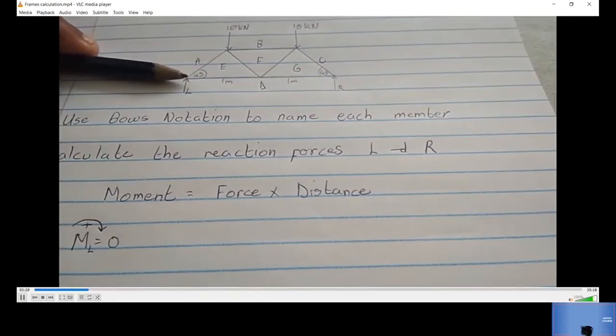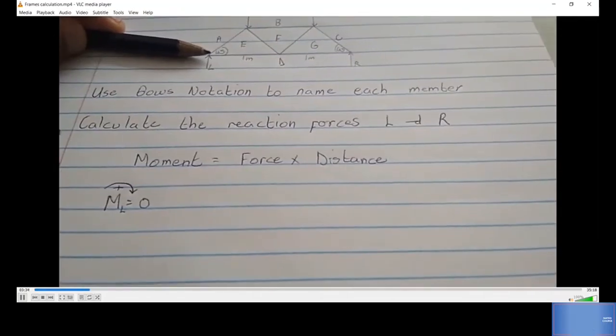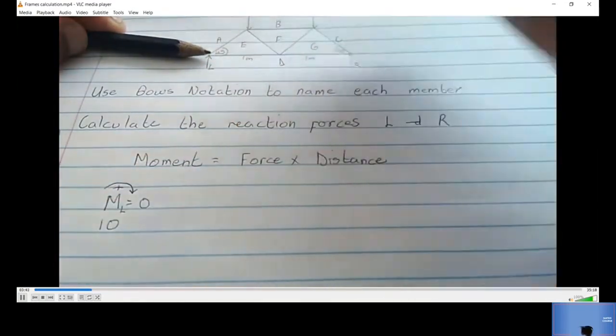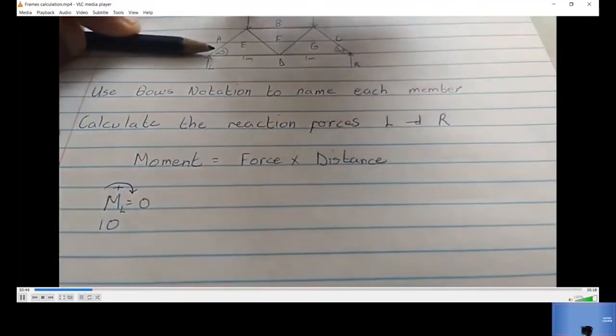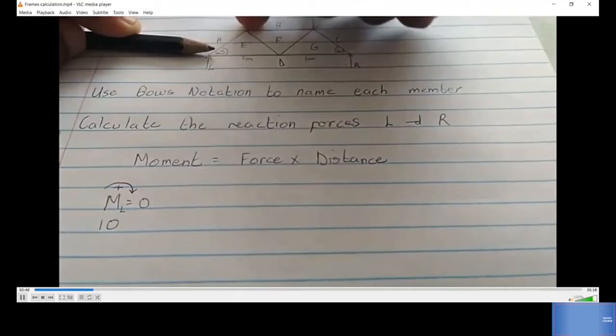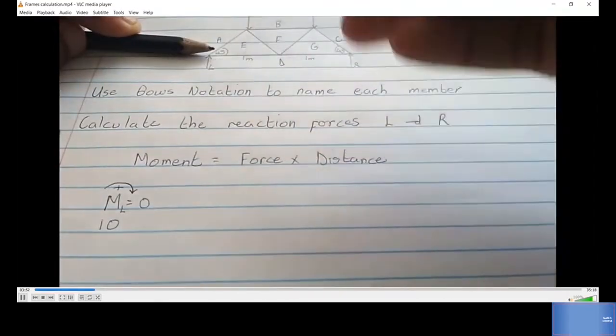Okay, from that point. So such that now I'm going to say, okay, the first force I'm going to encounter is 10 kilonewtons. And if my pencil is there and 10 is pushing there, then the whole frame is going in a clockwise direction like that. Okay, so the force is 10, it's positive, and it's at a distance of 0.5.